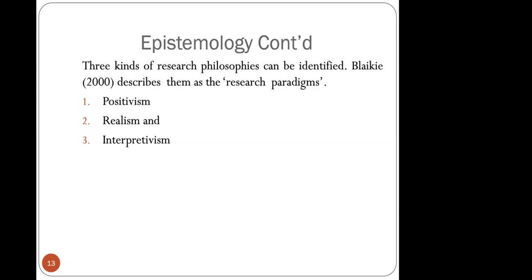But the positivist people say that it must be standardized in every sphere of life. Likewise, the epistemology people. Then the pragmatists are the people who say that you combine the two, both qualitative and quantitative.